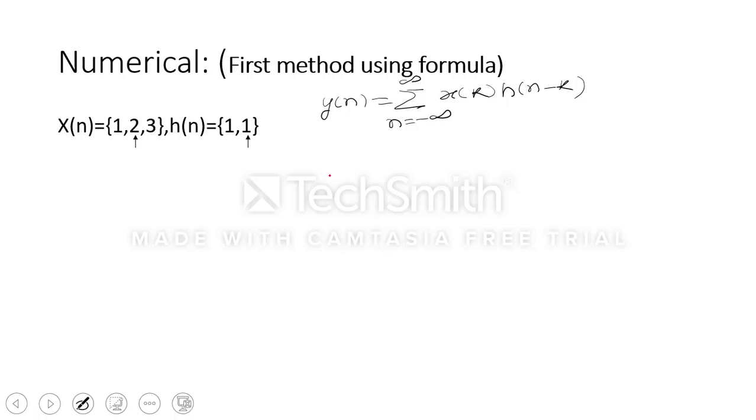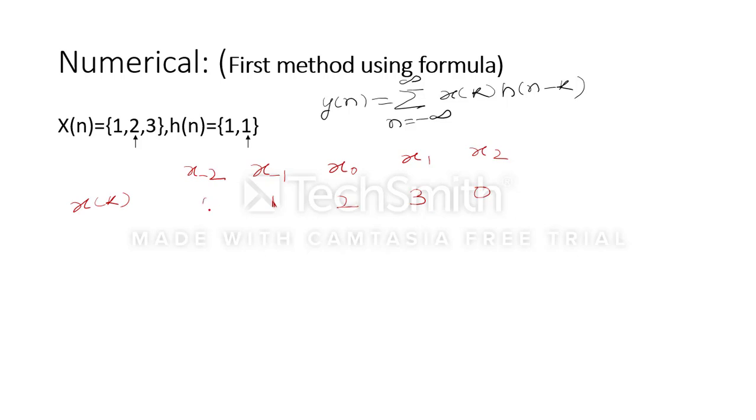We know that x(k) will not change, so we can write x0, x1, x2, and here it will be x minus 1, x minus 2. So our x(k) is, because at 0 the pointer is showing a value of 2, so 2 will come over here. At x1 its value is 3, at minus 1 its value is 0, other samples are 0.